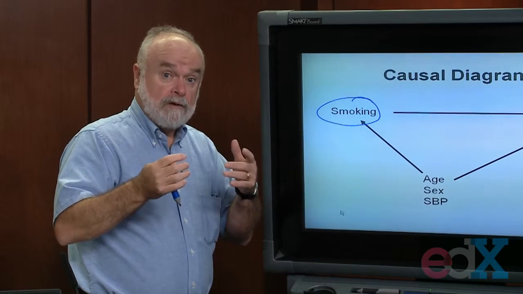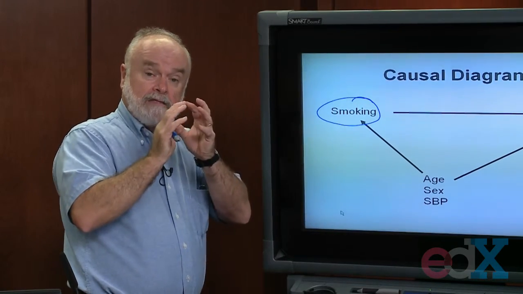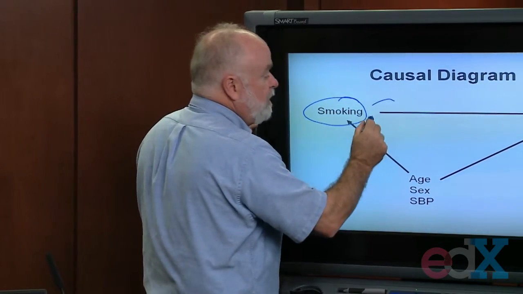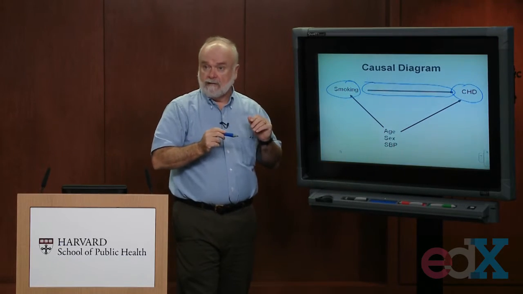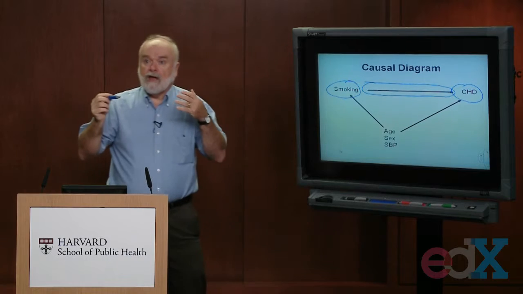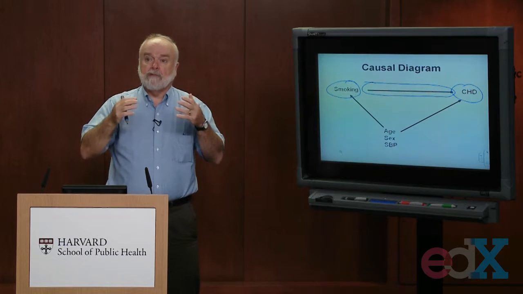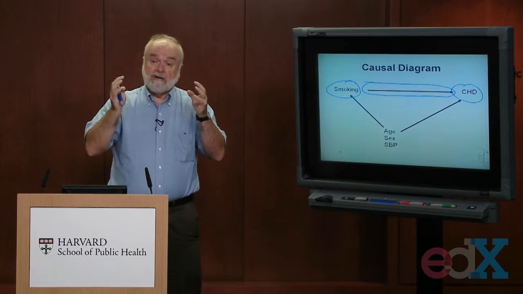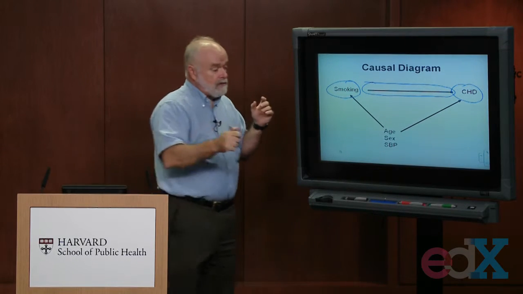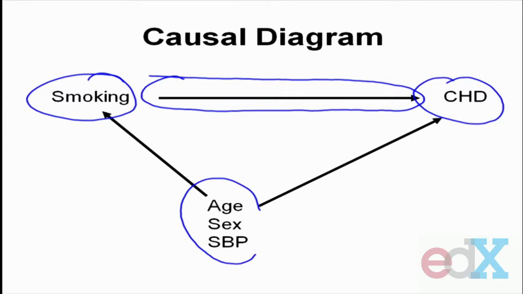But our problem as epidemiologists is, can we take that measure of association to reflect this causal influence that smoking might have on heart disease? And the problem is we have alternative reasons to suspect an association between smoking and heart disease that's not just the effect of smoking. We have these other factors, age, sex, and blood pressure that I showed you in the previous table, that are not balanced in the two groups.